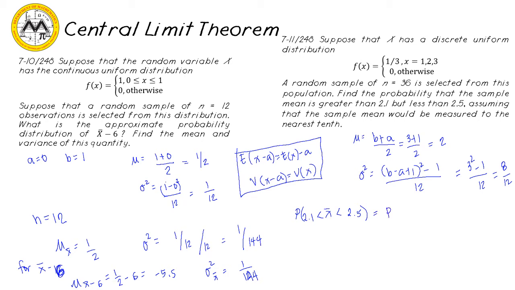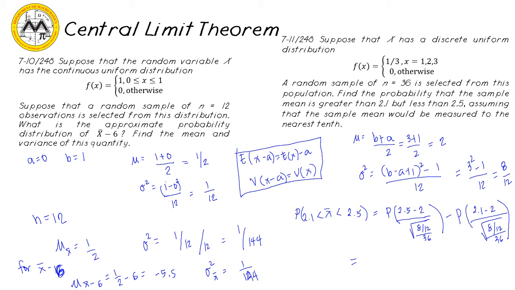So that would be P of z less than 2.5 minus 2 over square root of 8 over 12 over 36, sigma over square root of n, minus P of z less than 2.1 minus 2 over square root of 8 over 12 over 36.